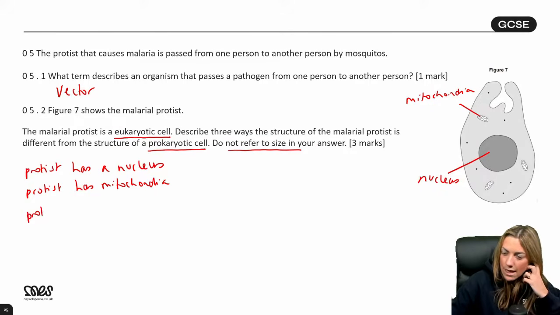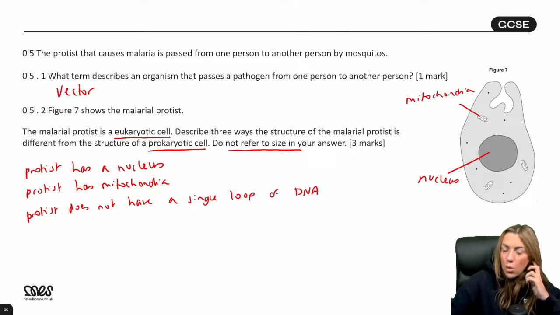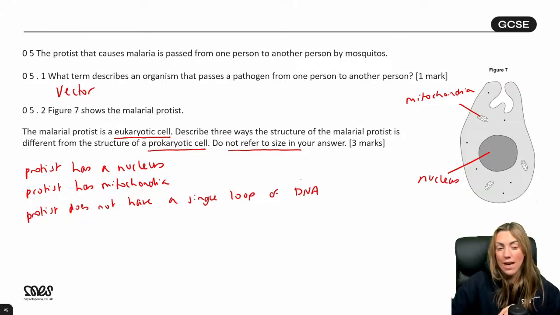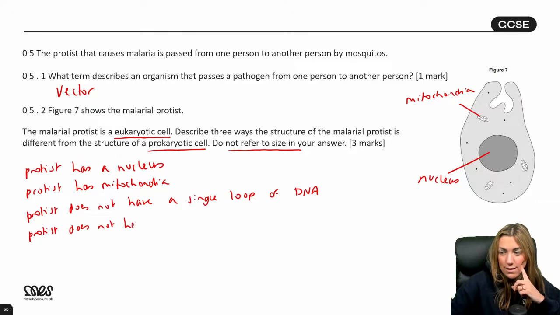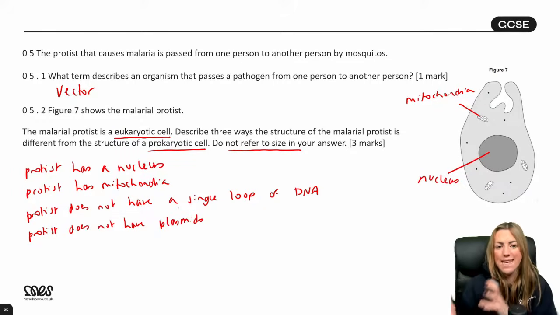You could say the protist does not have a single loop of DNA, whereas a prokaryotic cell, it doesn't have a nucleus, it has loops of DNA in the cytoplasm. You could say the protist does not have plasmids, because most prokaryotic cells have plasmids, which are smaller loops of DNA in the cytoplasm.